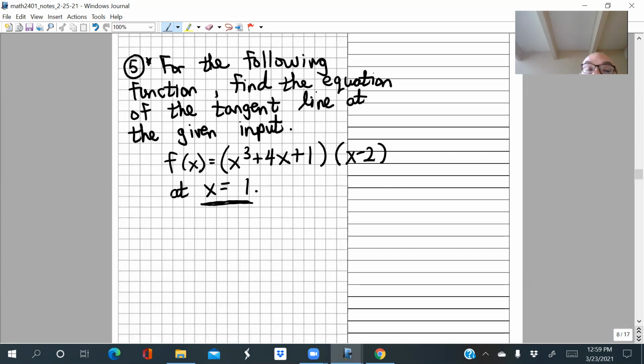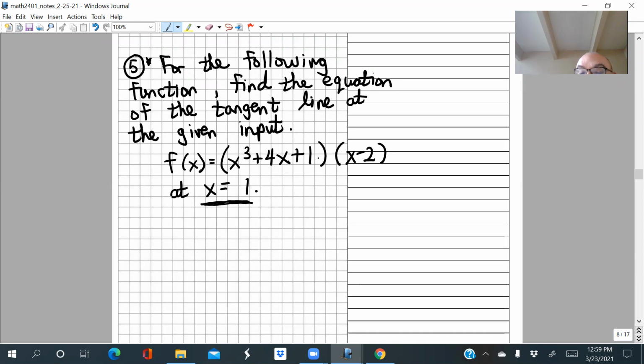Now, this is a tangent line, correct? And it's supposed to be tangent to this curve, whatever this curve looks like. I have no idea what this curve looks like, but it's supposed to be tangent to this curve at x equals 1. So that means this tangent line is going to contain the same point that this curve does at x equals 1.